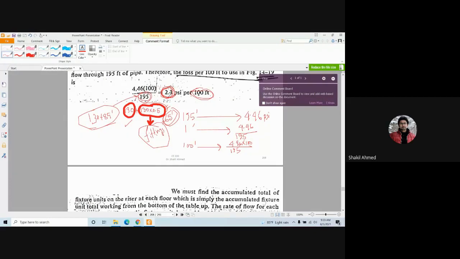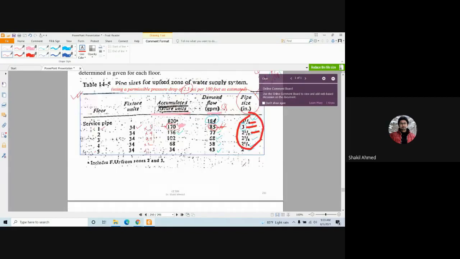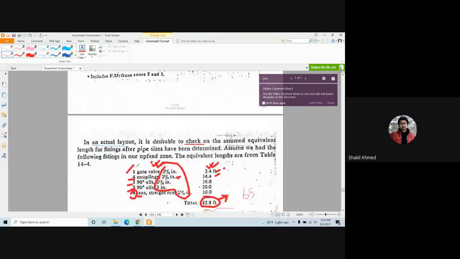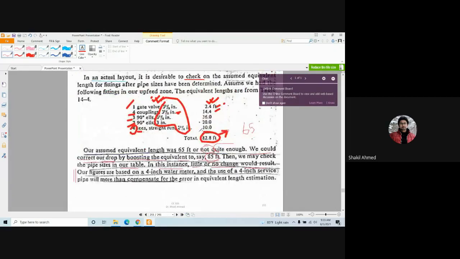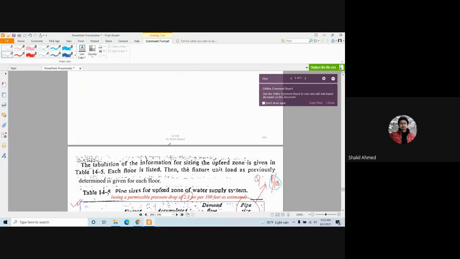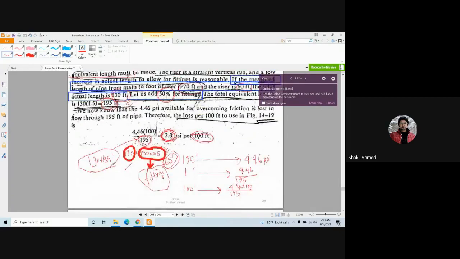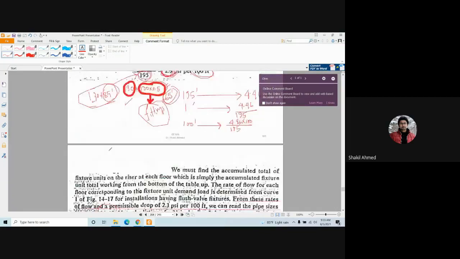Then instead of 2.3 you will get 2.2, or let's say 2. So you do the pipe sizing again and recheck whether this is equal to or close to this. Okay.